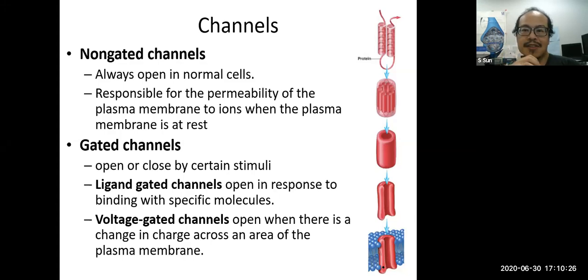If the cell is excited, for example, then the voltage across the cell membrane can trigger it to open or close. Another type is called ligand gated, which means that a chemical binds on it to make it open. Or a ligand can also bind on it to close it.